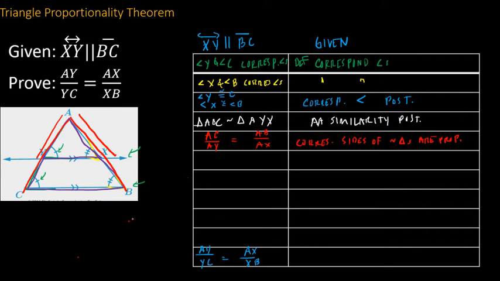I'm going to use the segment addition postulate, which tells me, for example, let's say I've got some line segment with a point here and a point here.